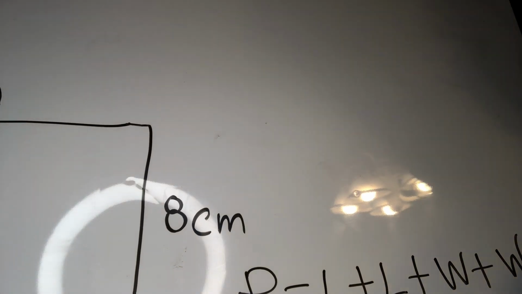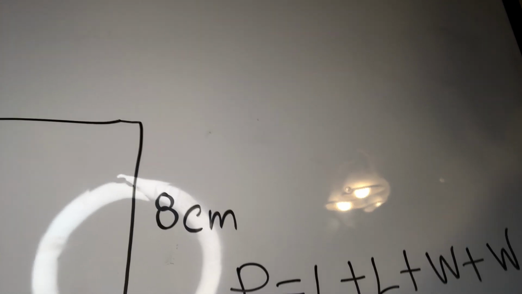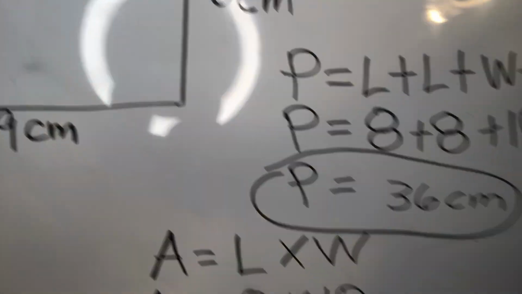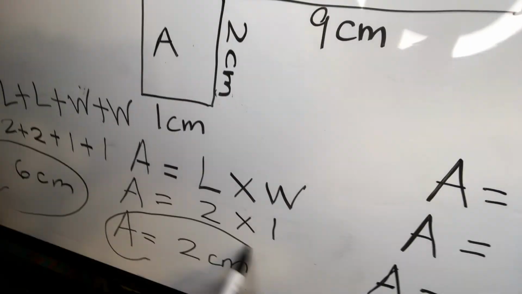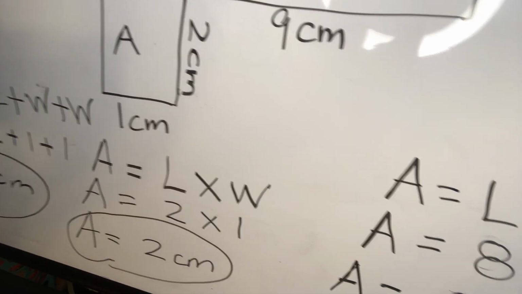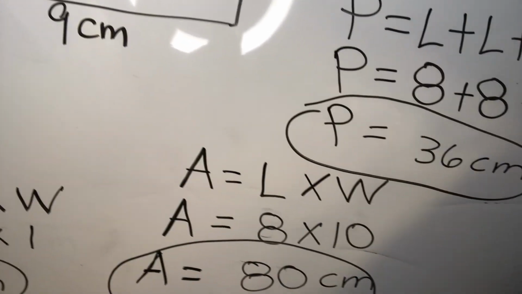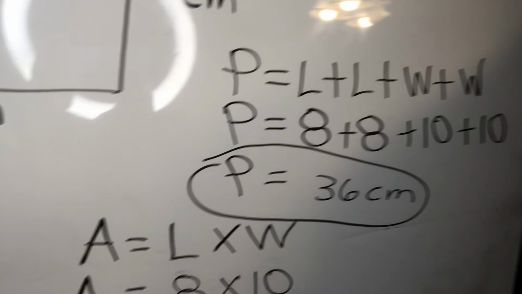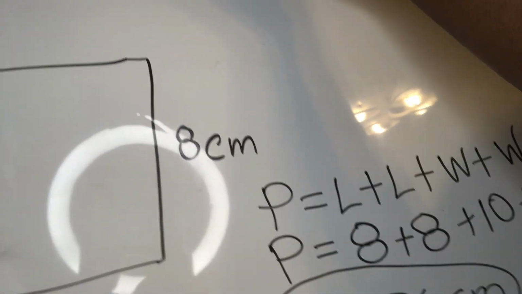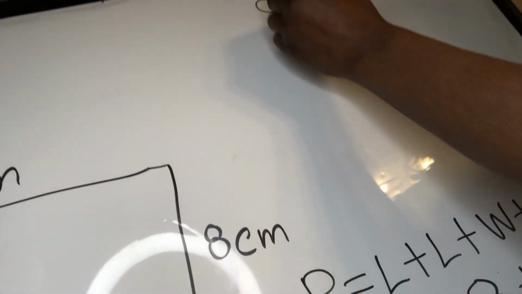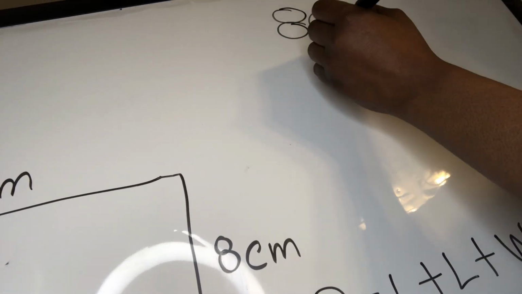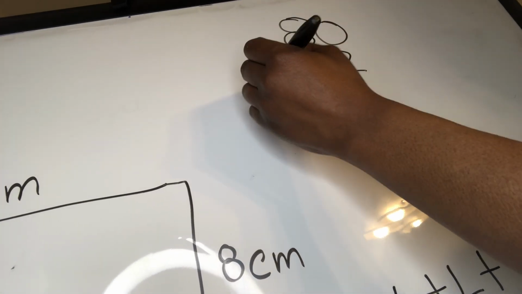All right, so we're going to do the same thing for our area. We have an area of 2 centimeters, and we have another area of 80 centimeters. We're going to add both of those together: 80 plus 2.